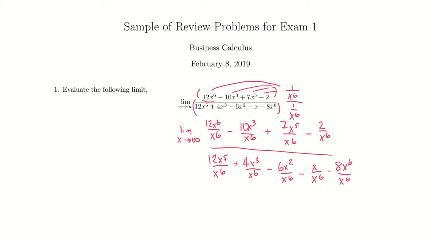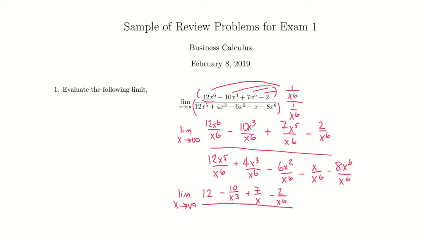And then we can simplify each of these pieces. So when we do that, we would get limit as x goes to infinity. In the numerator, we would get 12 minus 10 over x to the 3rd plus 7 over x minus 2 over x to the 6th.